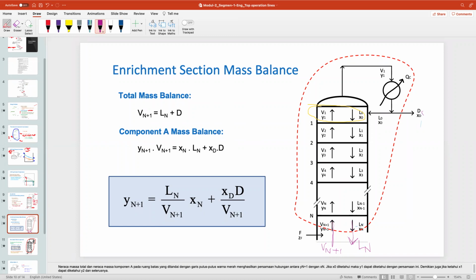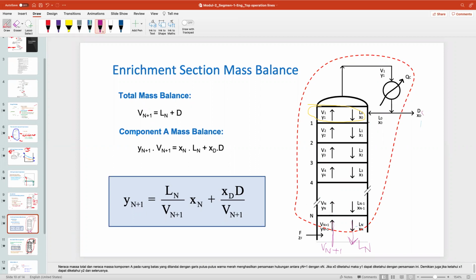So for example, this is tray N, so this is Ln, the amount of liquid leaving tray N. This one is Vn, the vapor leaving tray N. The purple one here is called Vn plus 1 because it is leaving tray N plus 1.